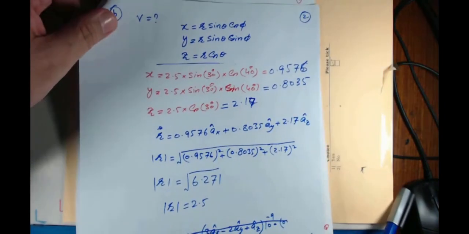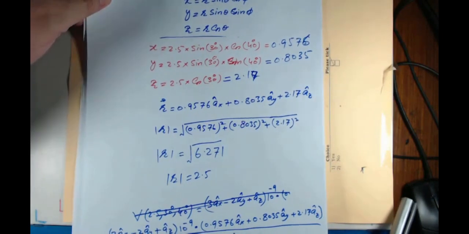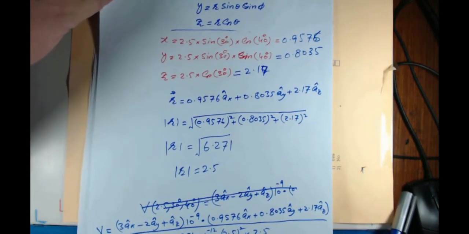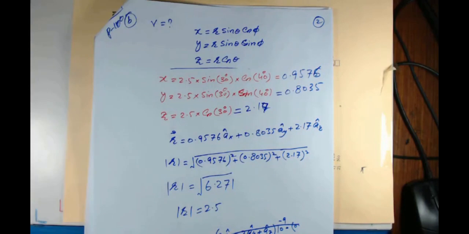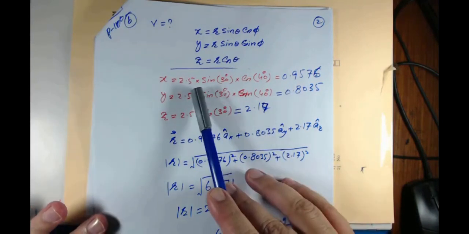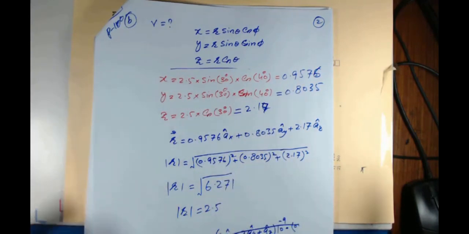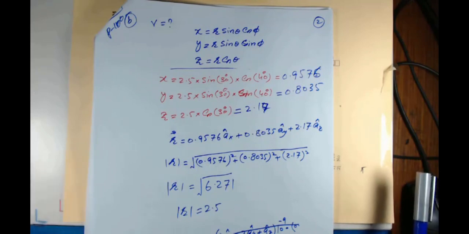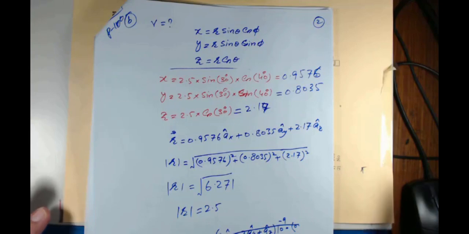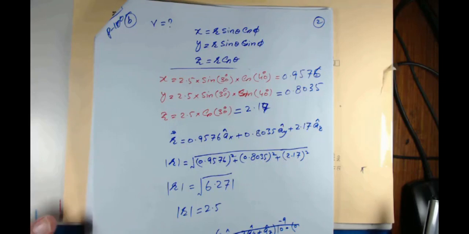Now, for the same dipole moment, we are asked to find the potential at R equal to 2.5, but the point is now given in spherical coordinate system. So we know that the dipole is actually in a rectangular coordinate system, so we first must convert the given point into rectangular coordinate variables.